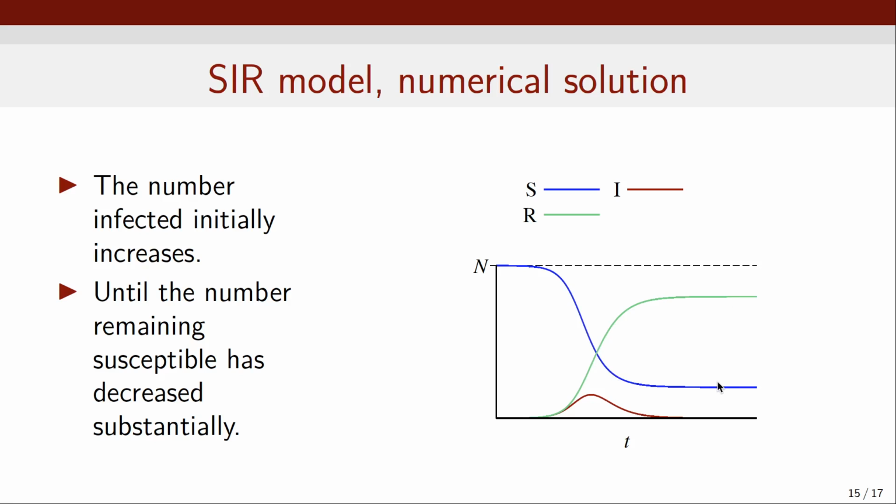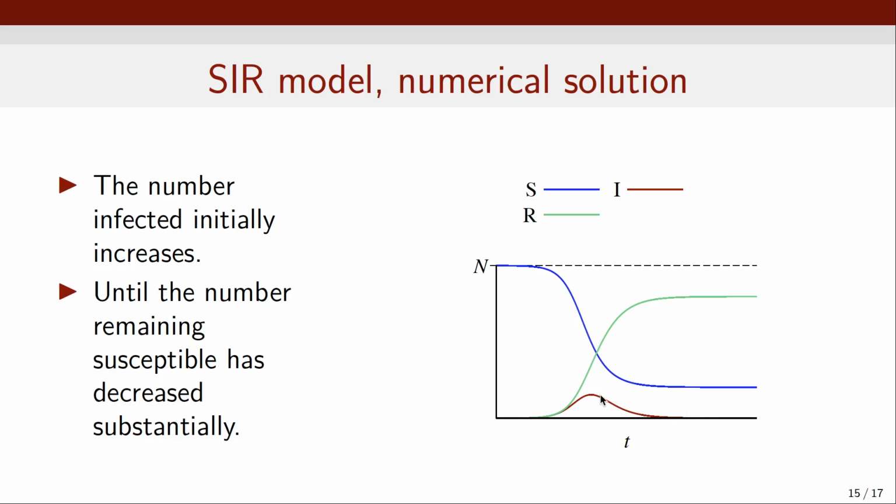When these approach a constant, we have basically reached herd immunity, and the number of currently infected people is the red line, I, and we see that this number will start to fall off roughly when the blue and green lines cross.